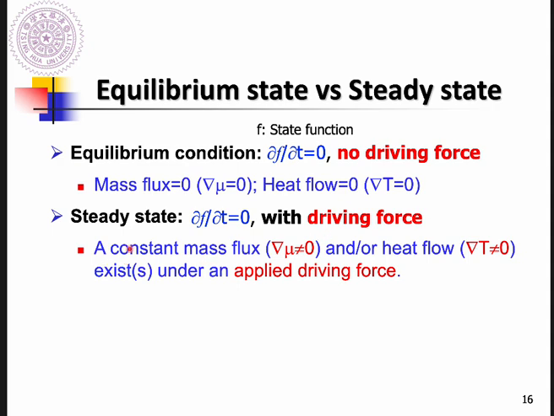For example, we have a chemical potential gradient, so that leads to a constant mass flux. Or we have a temperature gradient, temperature difference inside our systems. This will lead to heat flow passing through the materials. So we have a constant mass flux or heat flow existing in our systems under applied driving force. This we call the steady state.